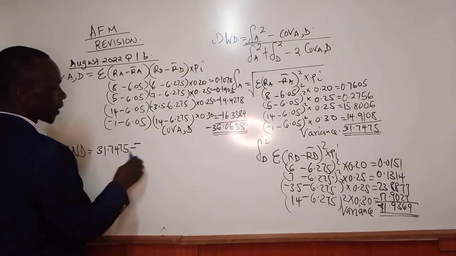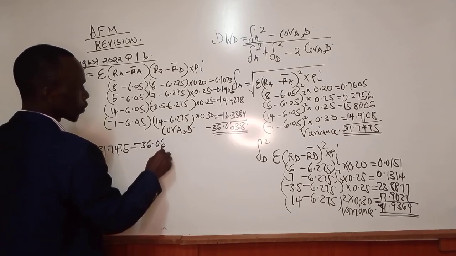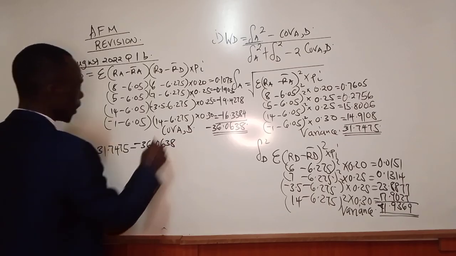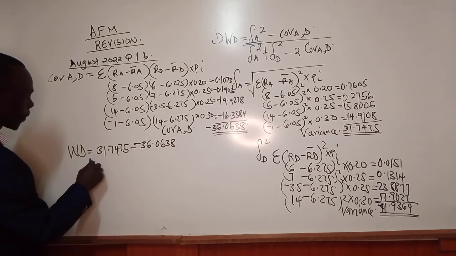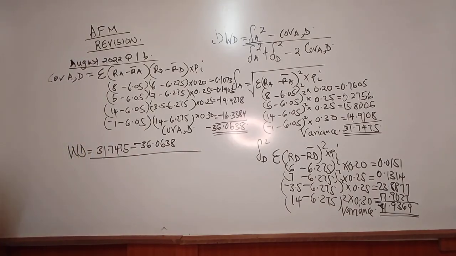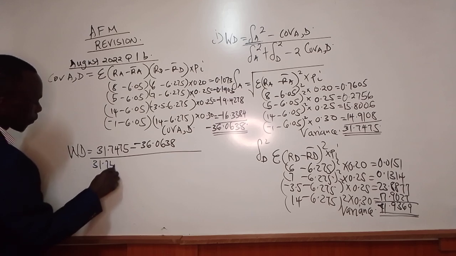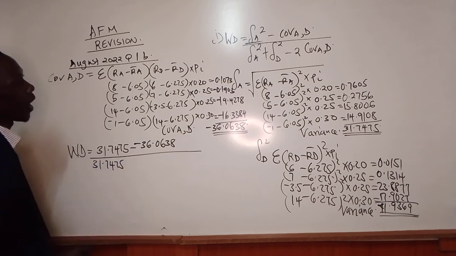So it will be minus 36.0638. Then from there you divide by the variance of A, which is 31.7475.